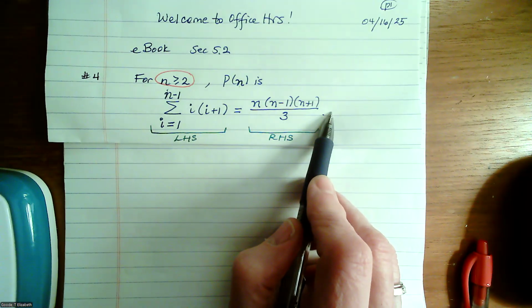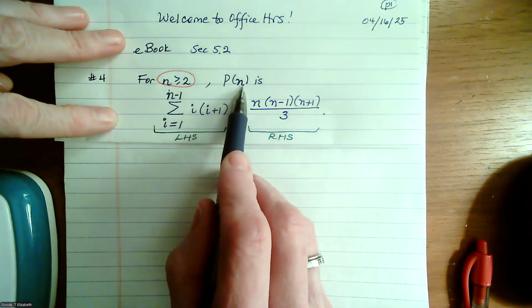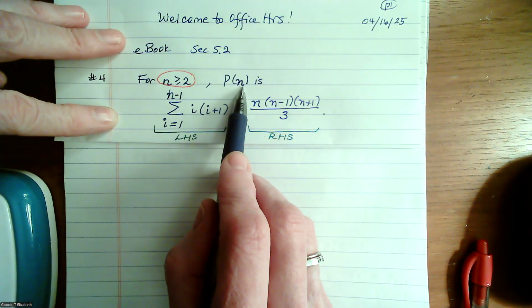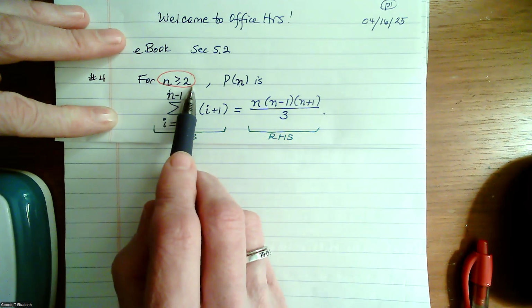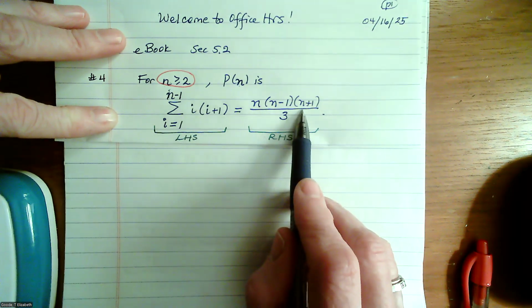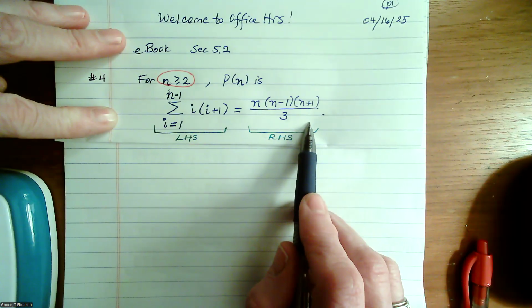What we're trying to do is prove that no matter what value n we substitute for this predicate variable, as long as n is an integer greater than or equal to 2, this will always hold true.